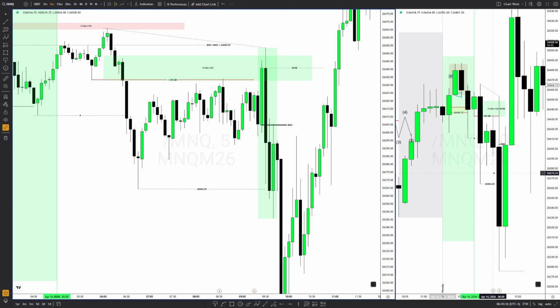But on the higher time frame there's a possibility that it might even go lower, which is why you have to learn how to hold the trades and micromanage them based upon the structure.